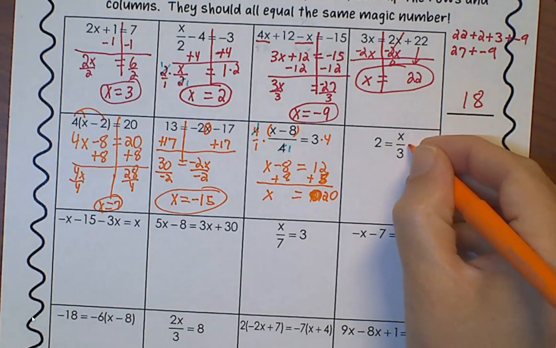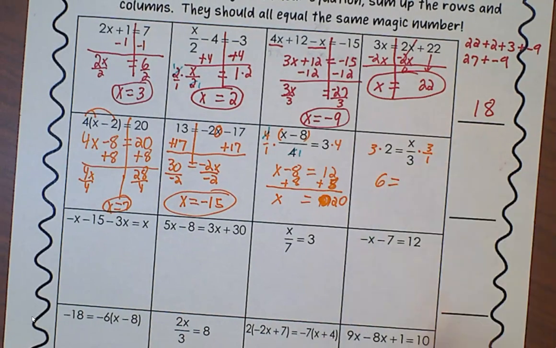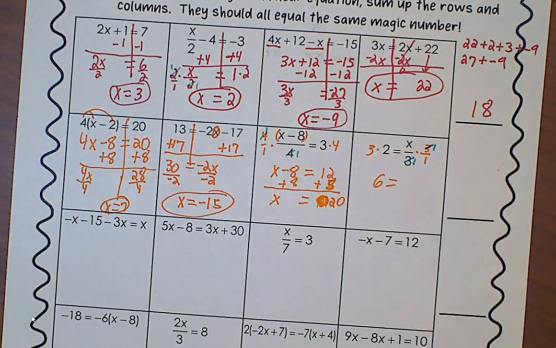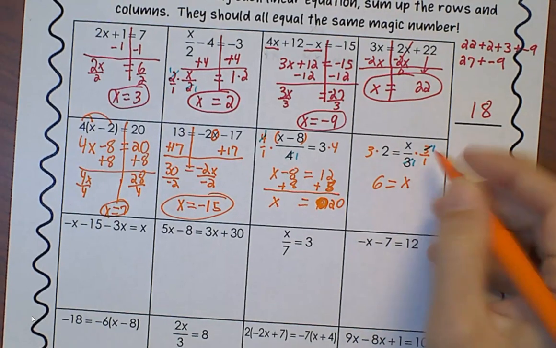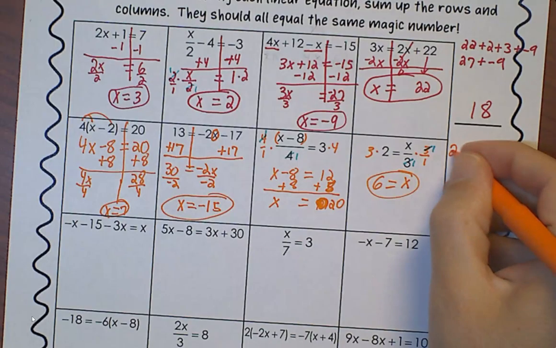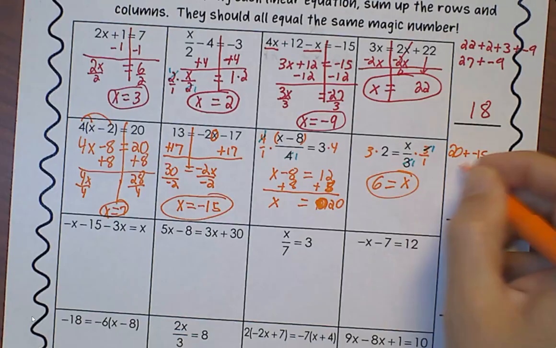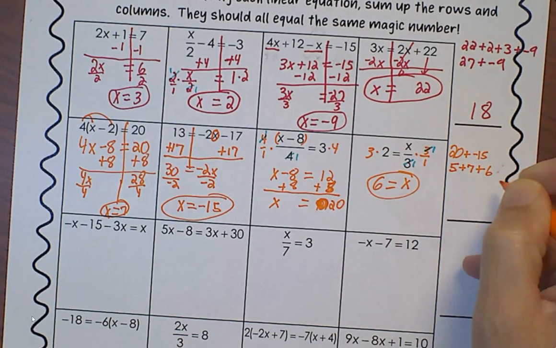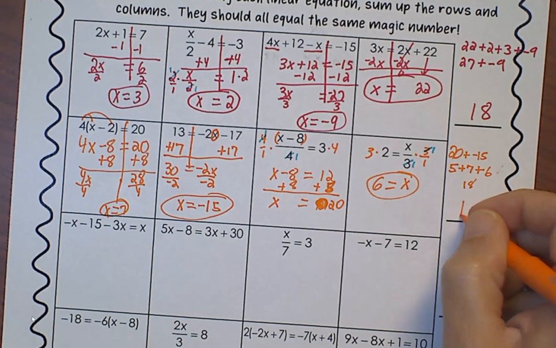What undoes division, multiplication? Okay, when I do 3 divided by 3, I get 1. So x equals 6. $20 plus negative 15 is 5, plus 7 plus 6, 18. There's that magic number.